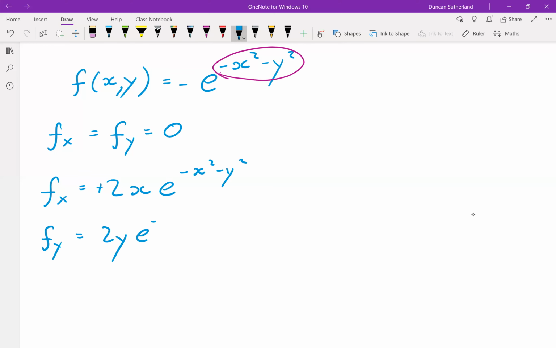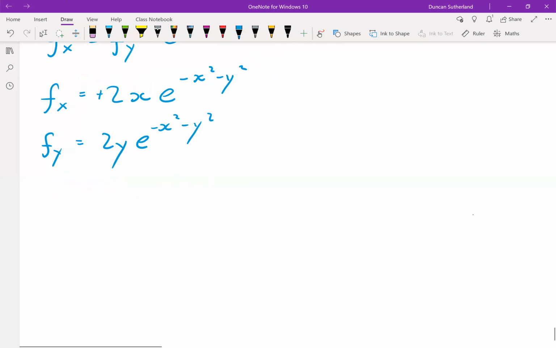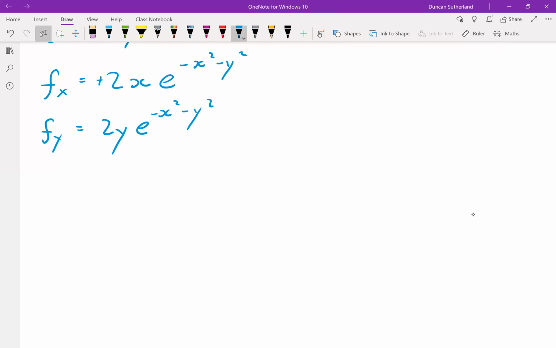And you find that. Now, we obviously want to solve these simultaneously. You note that e to the whatever can't be 0, so we can actually divide that out.